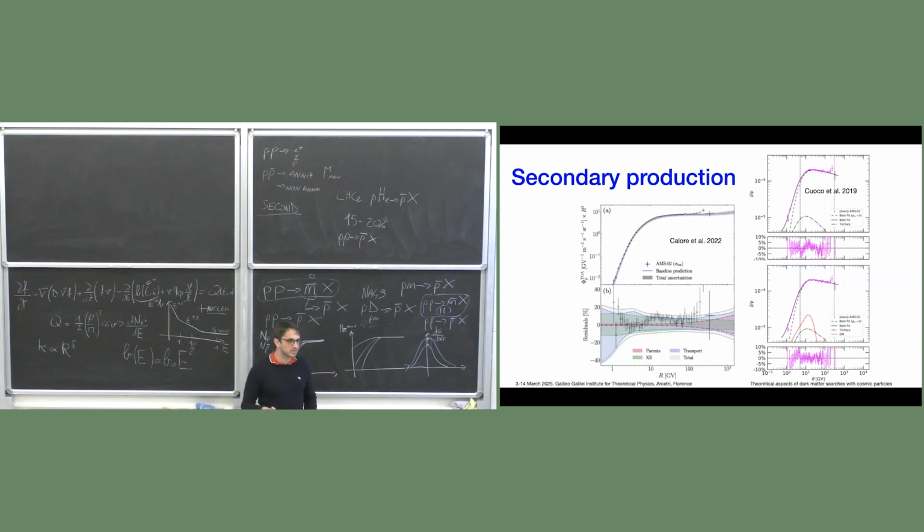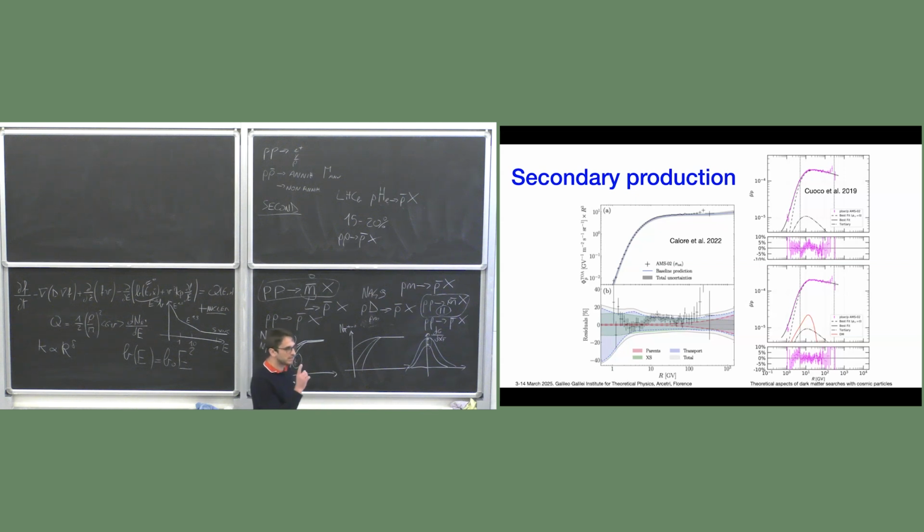We have proposals to measure these cross sections with an uncertainty below 5%. So if we can basically narrow this uncertainty band to 5%, we can measure if this excess is significant or not. Okay.